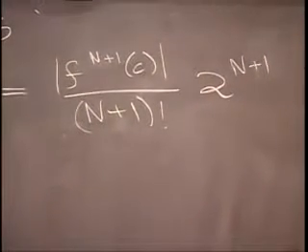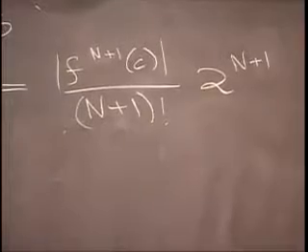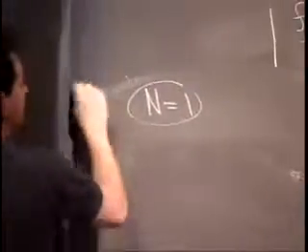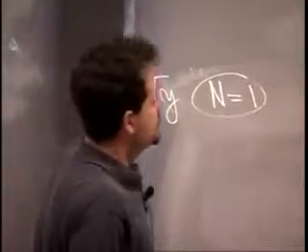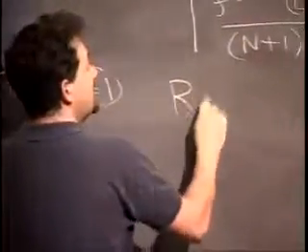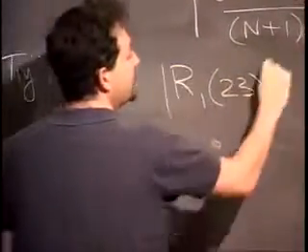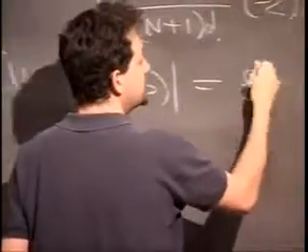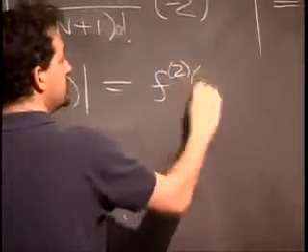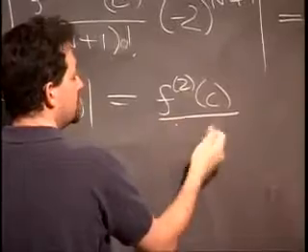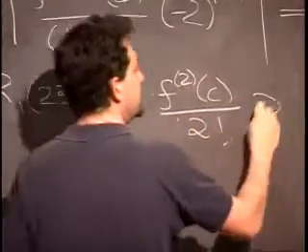Well, it's time to get our hands dirty. I feel lucky, punk. I'm going to try n equals 1. So R1 of 23 in absolute value is the second derivative at c over 2 factorial times 2 squared.